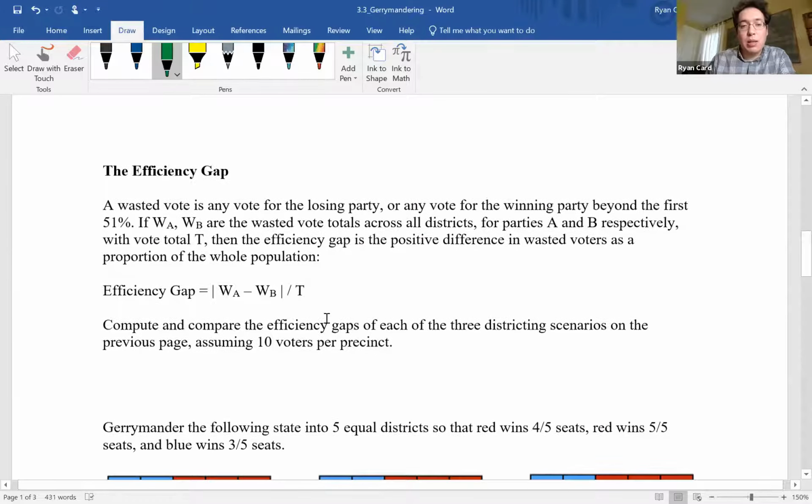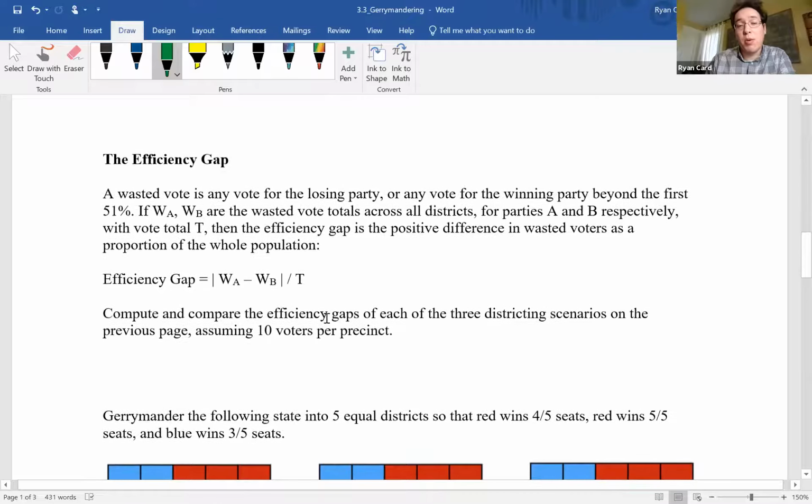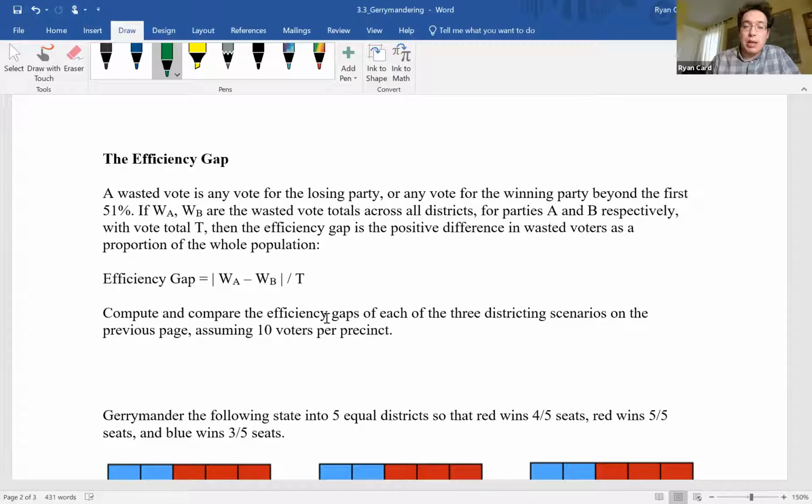So last year, there was a big Supreme Court decision on gerrymandering. The judicial branch of the United States has been trying to stay away from making judgments that sway politics.